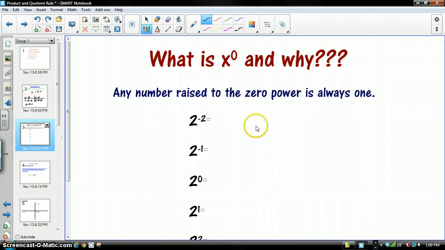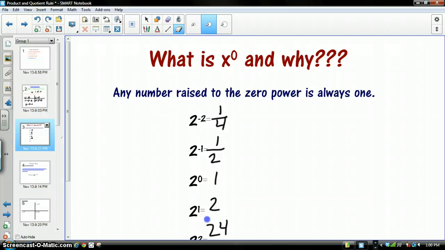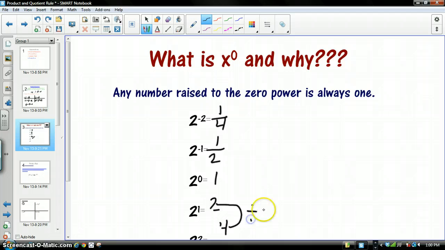Now we want to talk about any number to the 0 power. Any number raised to the 0 power is always 1. This is because when we write out all of these here, we will see that when we divide by 2, 4 divided by 2 is 2.